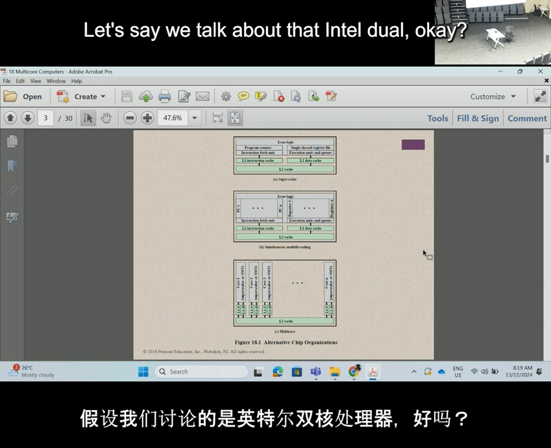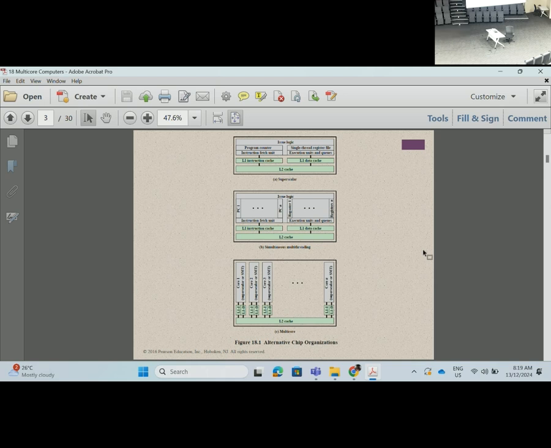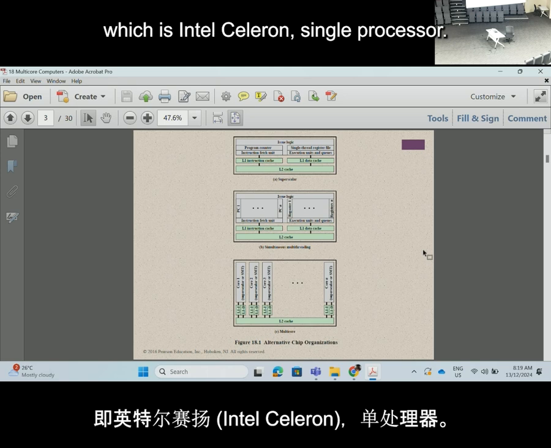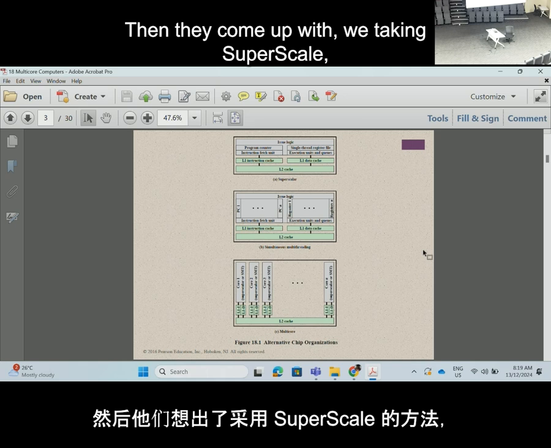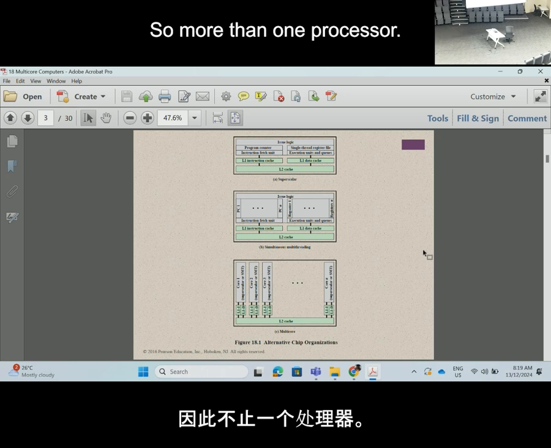Let's say we talk about the Intel Duo, dual core, which has more than one CPU, one processor. Previously, we didn't have that. Before, they had the Intel Celeron series, a single processor. Then they took the superscalar, copied it and created another small chip, similar. So more than one processor.